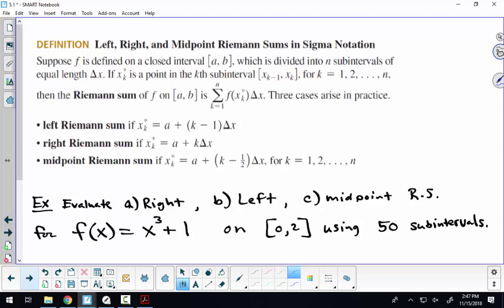And so with sigma notation, we go back to our Riemann sum, and instead of writing delta x times f of x1 plus et cetera, we're just modifying the definition now to have sigma notation in it. So that's our Riemann sum as previously stated, just with sigma notation.